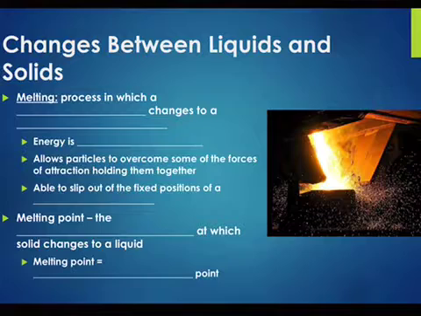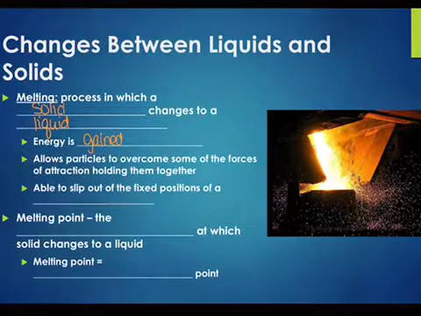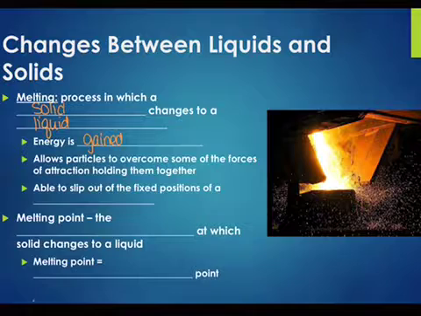Melting is the reverse process in which a solid changes to a liquid. In this process, energy is gained. This allows the particles to overcome some of the forces of attraction that hold them together, and they're able to slip out of that fixed position of a solid.